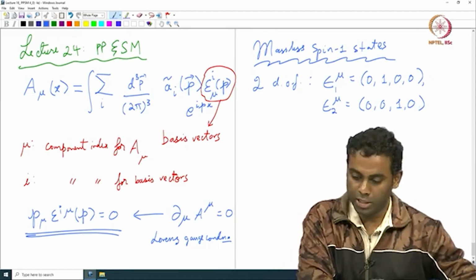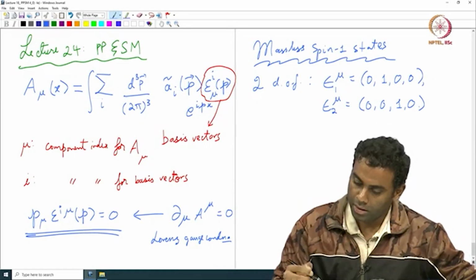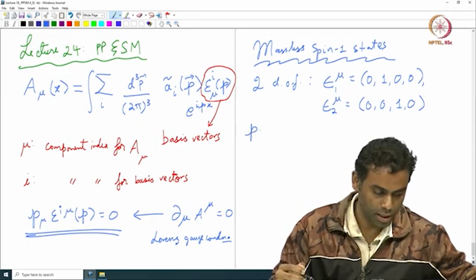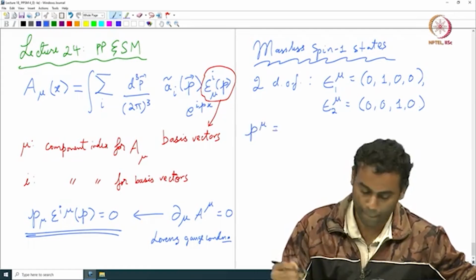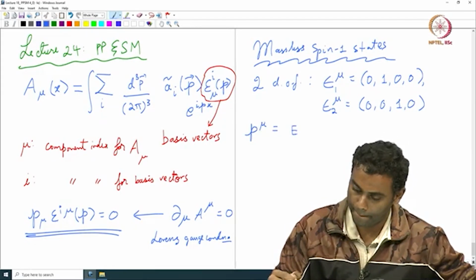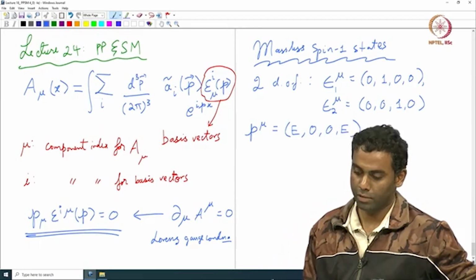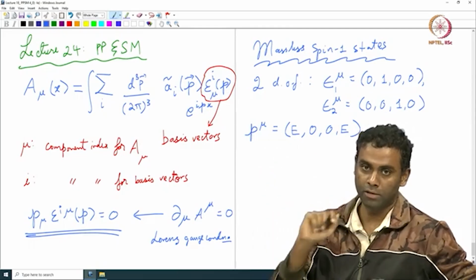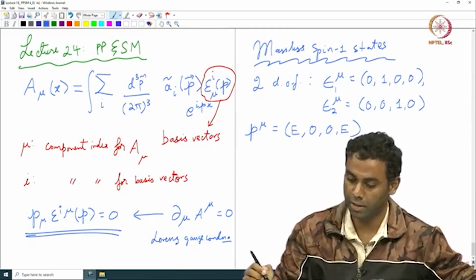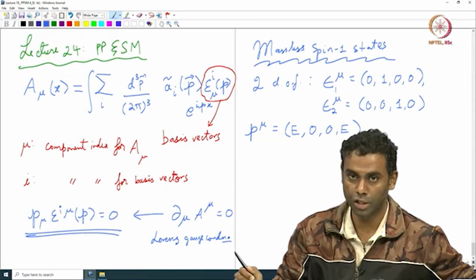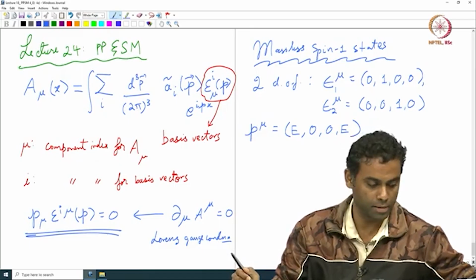Here is a little curiosity. Remember that I can now write the 4 momentum this way. I have to, because there is no mass involved, the energy is the momentum, and I have chosen the z direction to be the propagation direction.